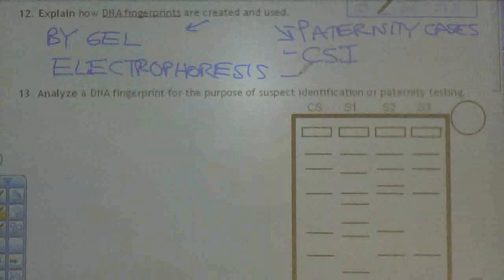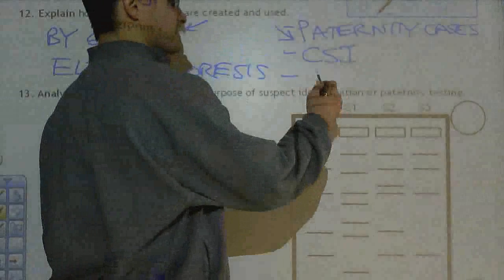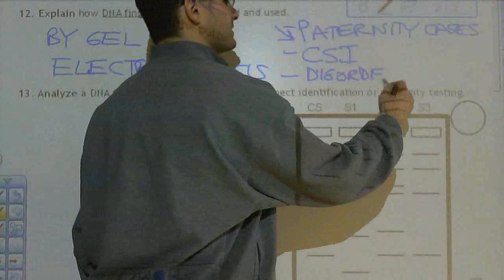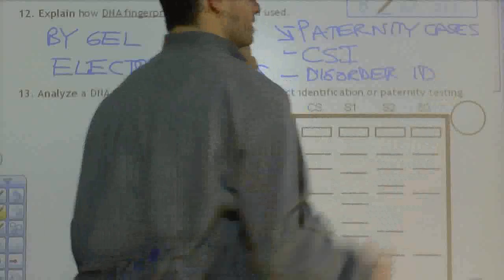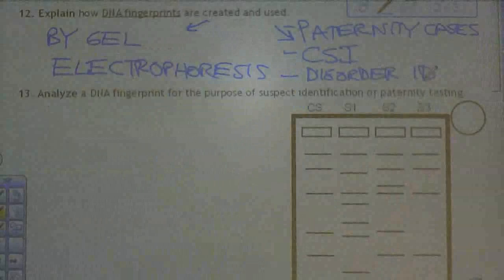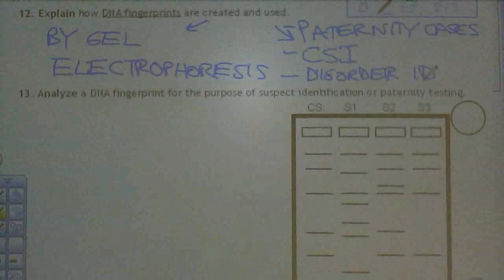And this can be used for a variety of reasons, but just one more thing that we'll not really talk about too much: identifying genetic disorders. In other words, certain genetic disorders can be seen by running a gel electrophoresis, separating the DNA fragments out correctly. And I'll give you one example of that in just a couple minutes.